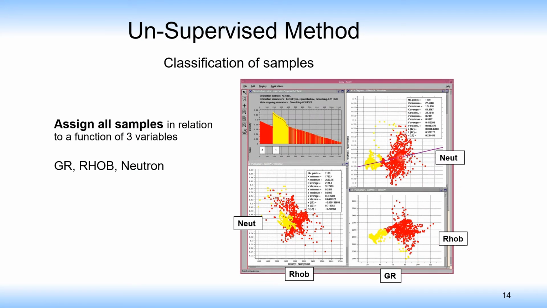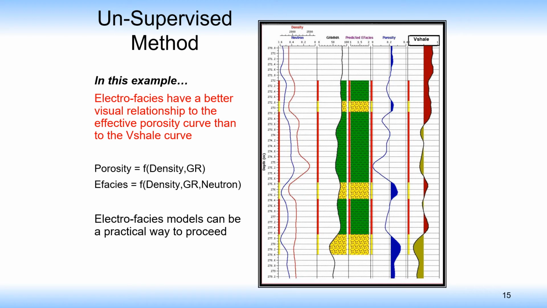We might have gone to 3 clusters, but here we have 2 binary facies. And then we looked to see how it's behaving. Well, that was using 3 variables. Porosity is computed from 2 variables and electrofacies from 3.